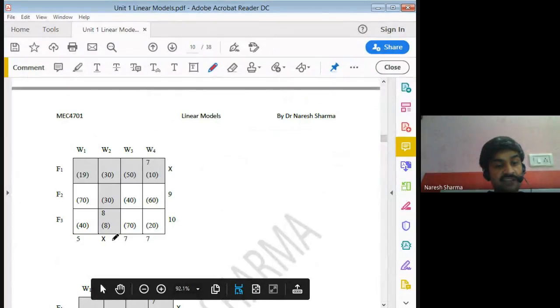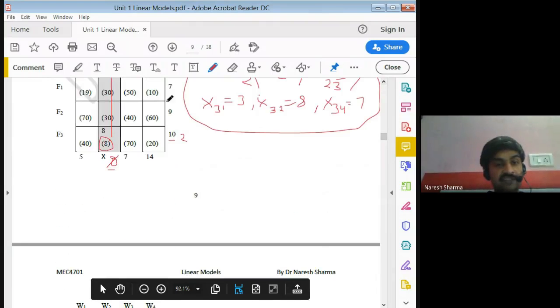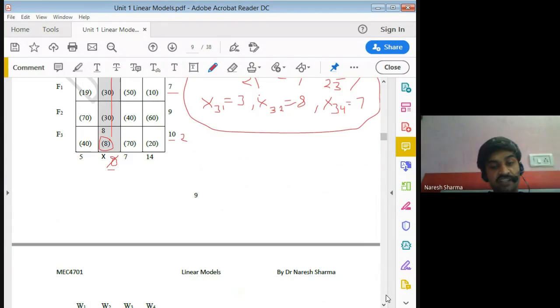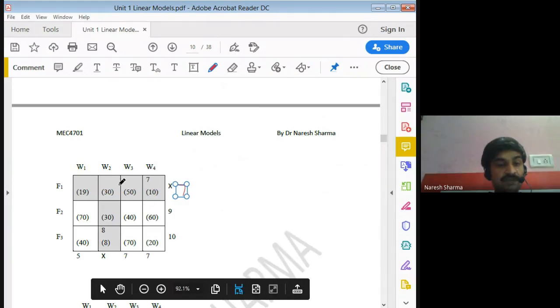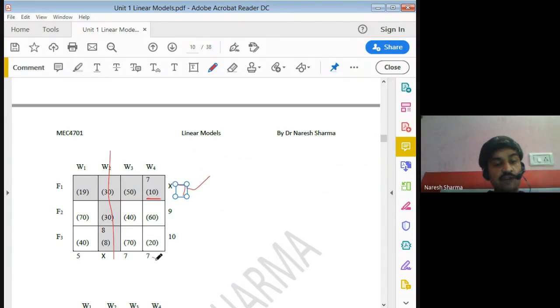Now we have this completely fulfilled, and here we have 7 units required. The minimum value except this first one is 10 now. So corresponding to this, we have 7 units availability. The requirement is also 7.